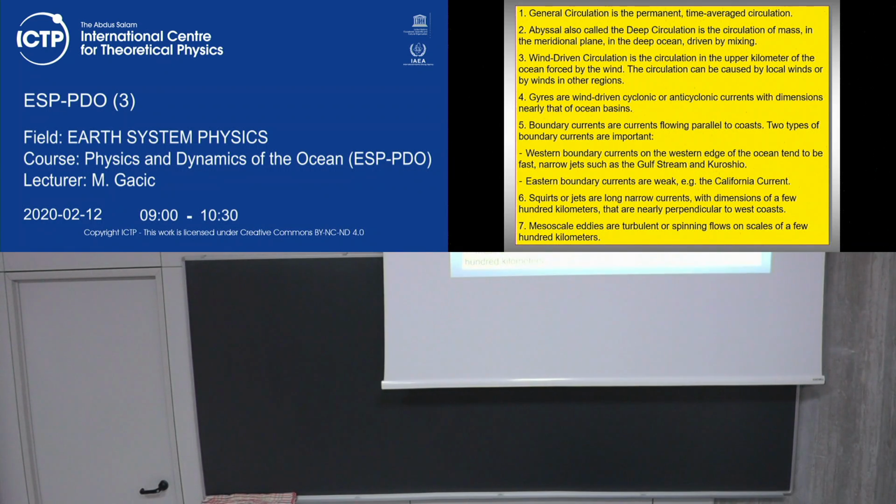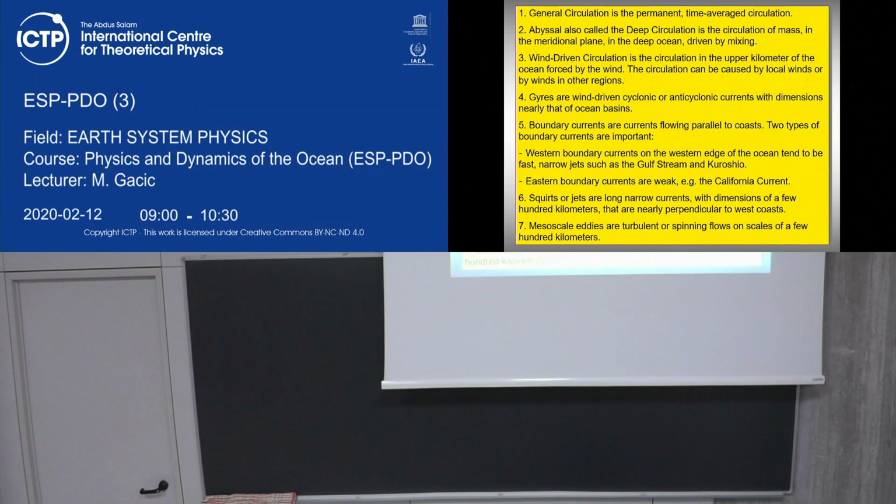Then we have other features, other spatial scales of the circulation, like gyres. Gyres are the closed circulation features which can be generated by the wind.